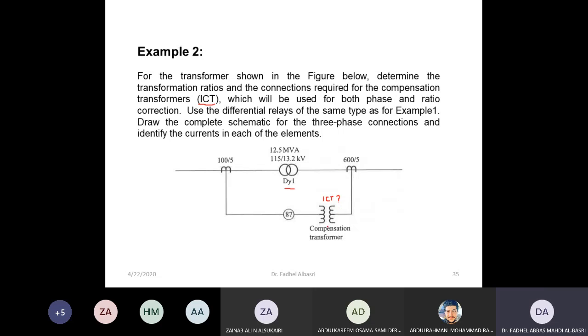So I want to find how I connect this and how I also choose its ratio, which will be used for both phase and magnitude corrections. I will use this to compensate phase and correct magnitude.